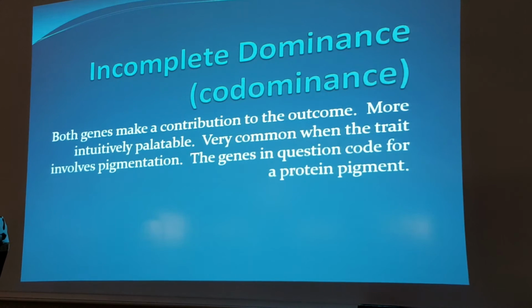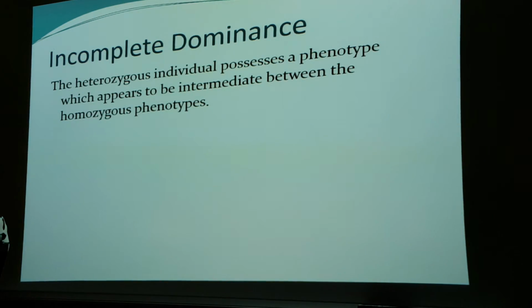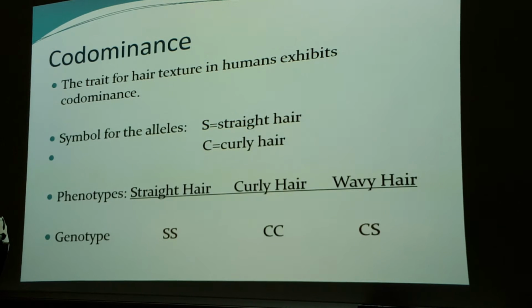Some people call this codominance, incomplete dominance, whatever. The best thing to do is just remember the different problems of which ones were dominant recessive and which ones were incomplete dominance.